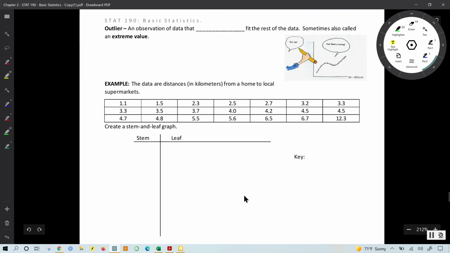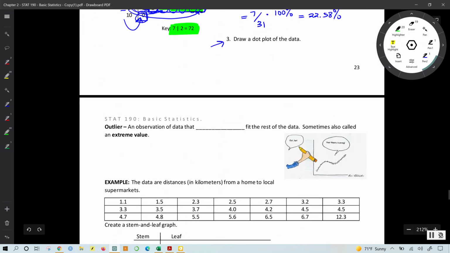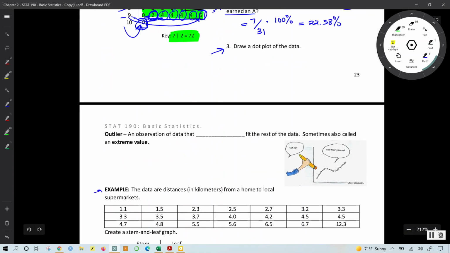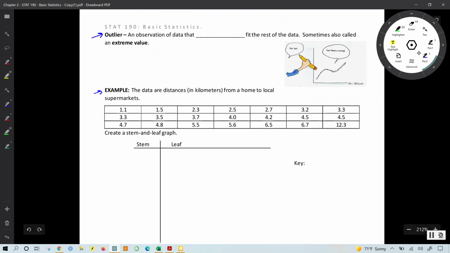So, with that said, we would like to consider the next example on page 24. And we begin here on page 24 with what an outlier is. This is usually critical whenever we are dealing with numerical variables.